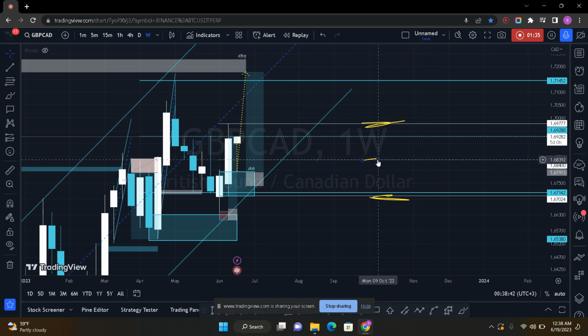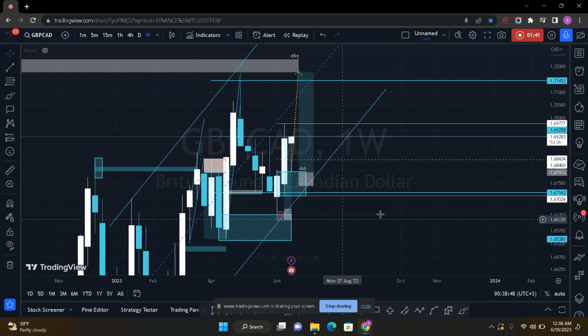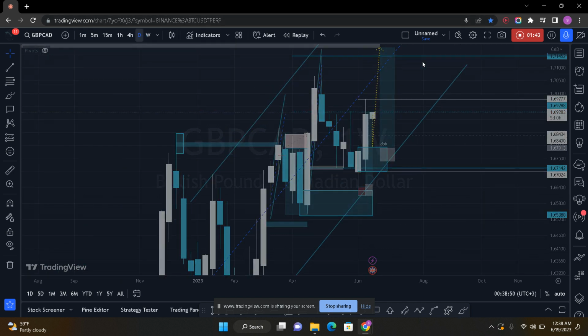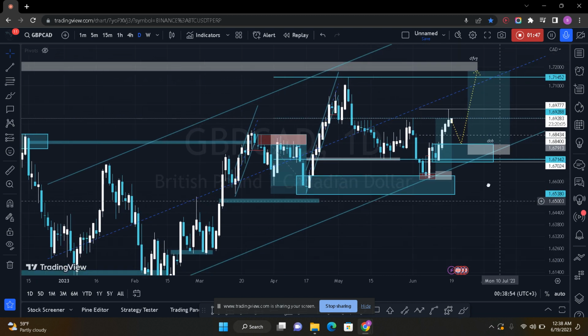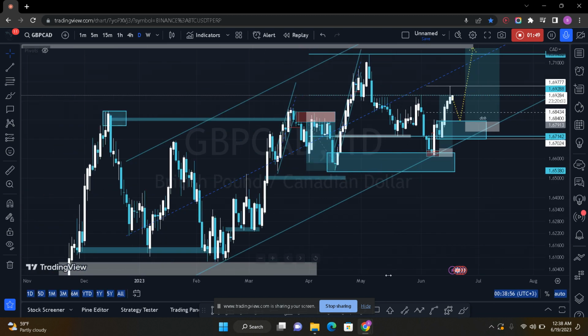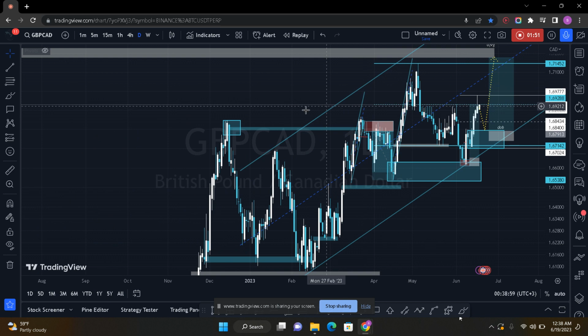So we're going to zoom into the daily. I normally start by doing that, then zooming into the dailies where I look for my points of interest, levels and zones where I'm interested in taking a trade. So ignore all this technical analysis to the left.